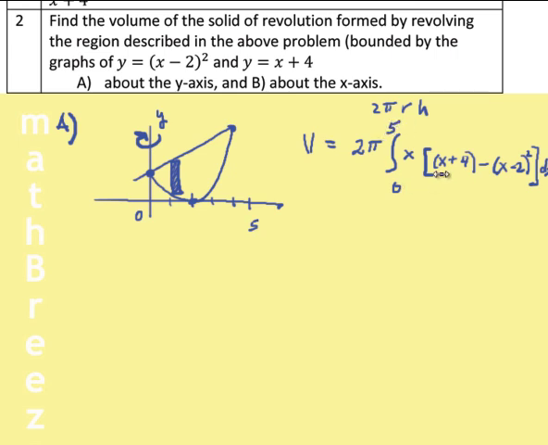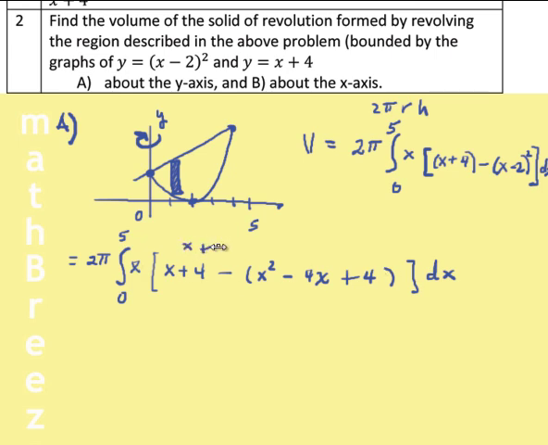We should simplify this. Okay, so let's do that. Here we have x plus 4 minus x squared minus 4x plus 4. Okay, in these brackets we have x plus 4 minus x squared plus 4x minus 4, just opening parentheses.